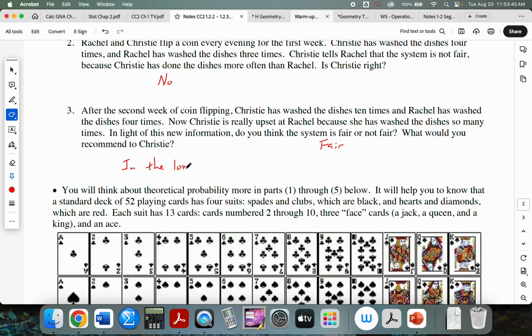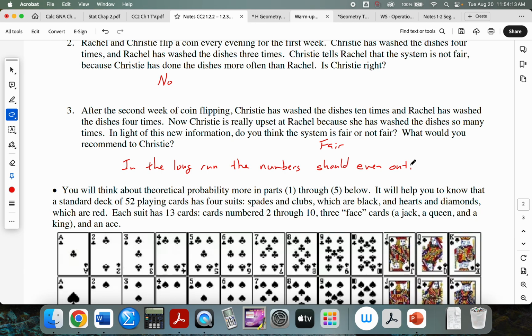In the long run, the numbers should even out. Maybe one time the older sister will do the dishes non-stop for 2 weeks. It's possible. It's not very likely, but it's possible.